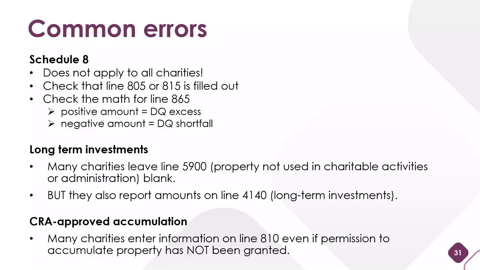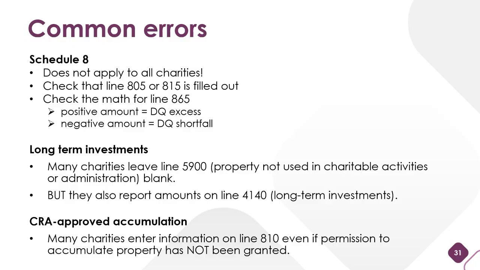As we mentioned, if you use the online form, that won't be a problem. If you're filling out Schedule 8, both lines 805 and 815 must be completed, not only one of them. You should also check the math for line 865. The amount will be positive when there is a DQ excess and negative when there is a DQ shortfall.